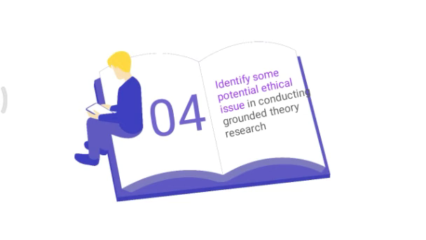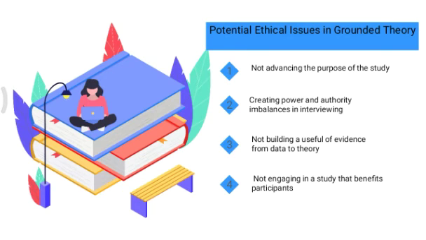Okay, next topic is identify some potential ethical issues in conducting grounded theory research. There are four potential ethical issues in grounded theory. The first one is not advancing the purpose of the study. The second is creating power and authority imbalance in interviewing.